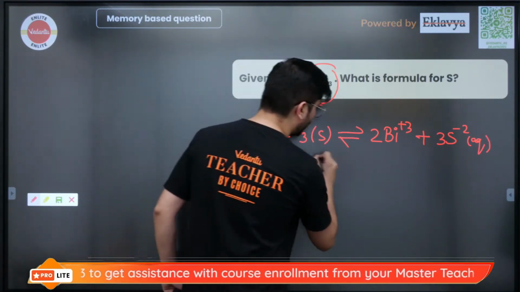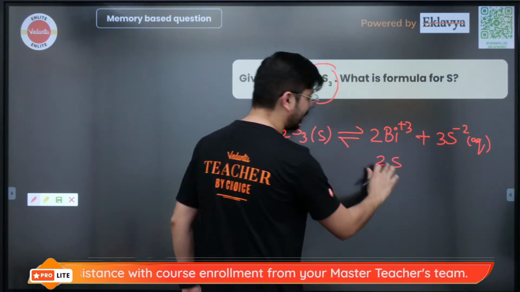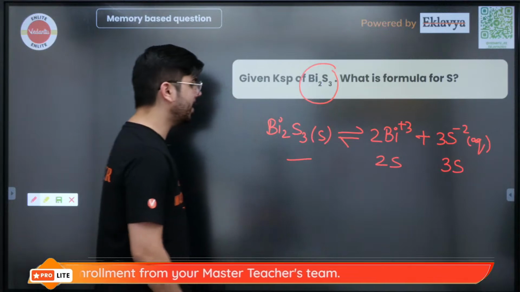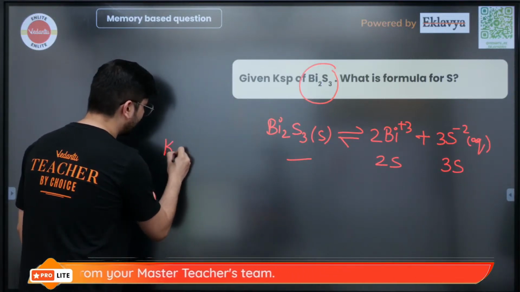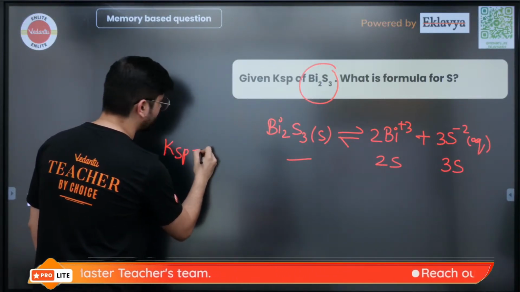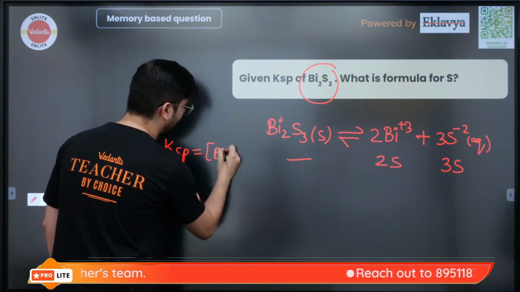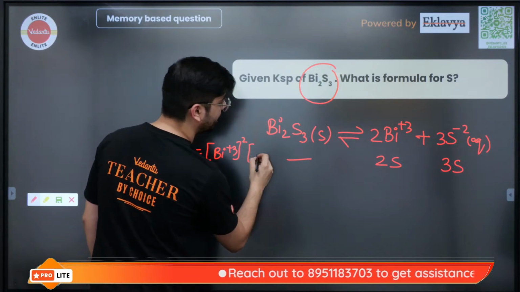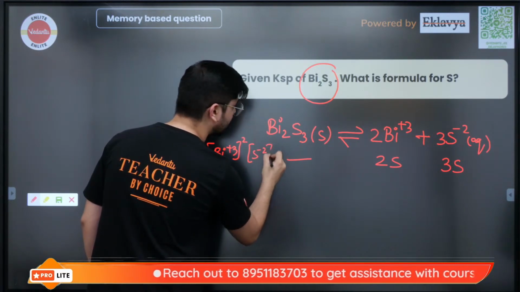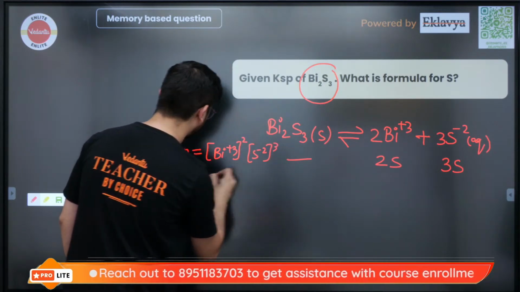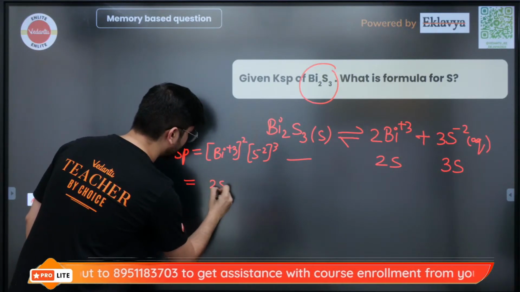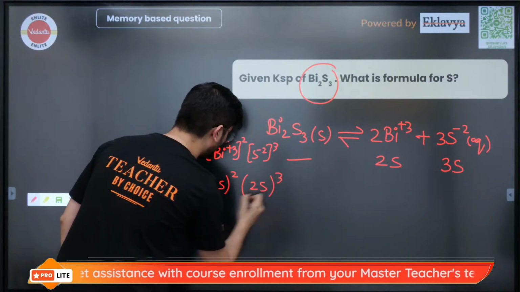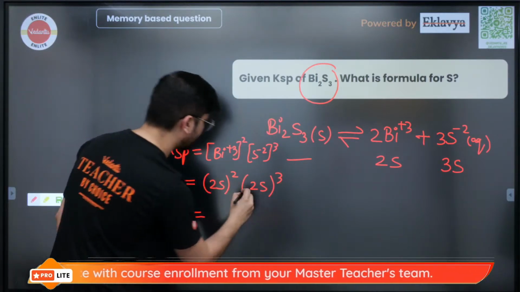Alright, so this will be 2S, where S stands for the solubility, and this is 3S. And how do I write down the Ksp expression? Ksp will be the concentration of Bi+3 whole square, and we have sulfide ions to the power 3, and that will be equal to (2S) whole square (3S) whole cube.